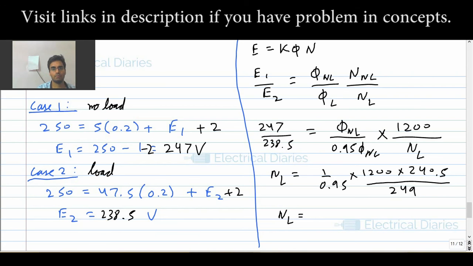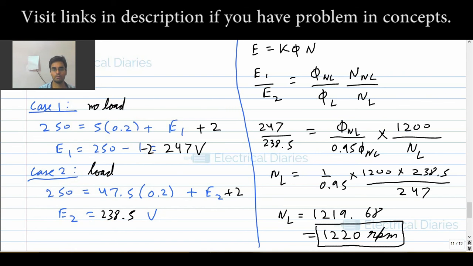If you put it in this expression, 238.5 divided by 247, on solving this, 238.5 into 1200 divided by 0.95 into 247. So it will come out to be 1219.68. Okay, so you will round it off to the higher integer value, 1220 RPM. So this is the answer.